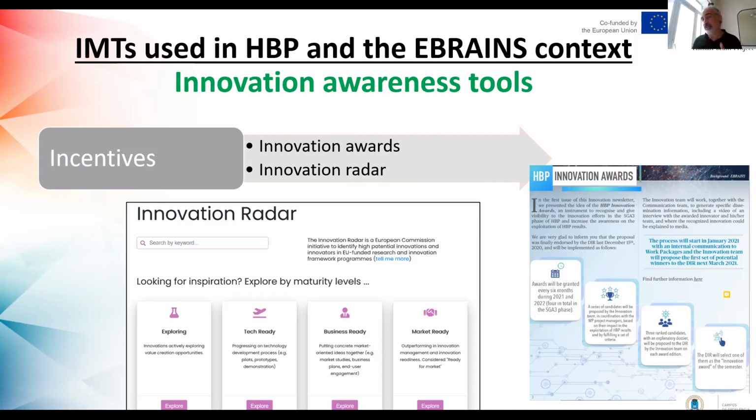After our proposal, we receive feedback from the Commission telling us their opinion on the different possibilities of our innovations, and finally the Commission selects some of them and puts them on the web page. So this is a kind of incentive for researchers, not only in HBP, but throughout Europe and throughout the European projects.